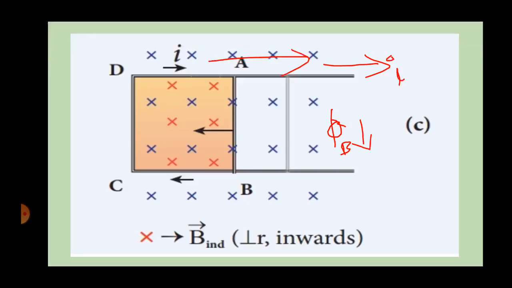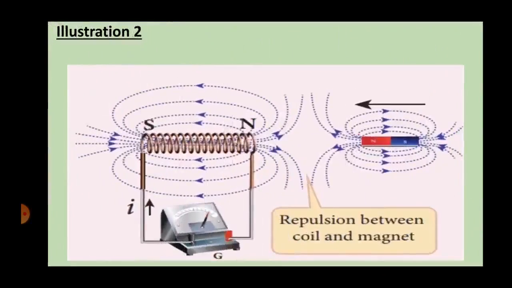The next illustration, 2. Already you know the circuit with a bar magnet. There is no relative motion between the coil and the bar magnet, because there is no deflection in the galvanometer.